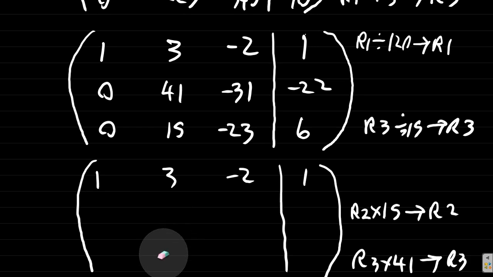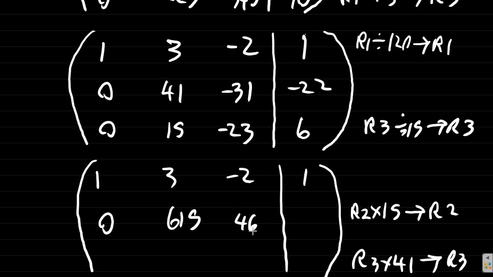So, let's go. Row 2 multiplied by 15. 0 times 15 is 0. 41 times 15 is 615. Negative 31 times 15 will be 465. And negative 22 times 15 will be 330. See that?